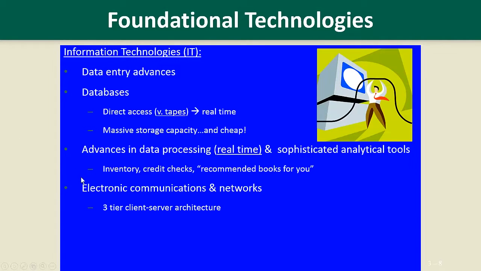And of course, what makes all of this happen is communication. The internet, some kind of communication network. Computers communicating to computers. Online computer systems, generally referred to as three-tier client-server architecture. The three tiers are the user software, your monitor and keyboard.